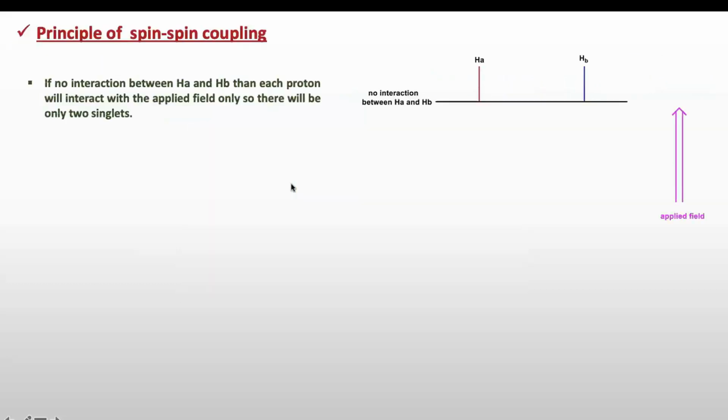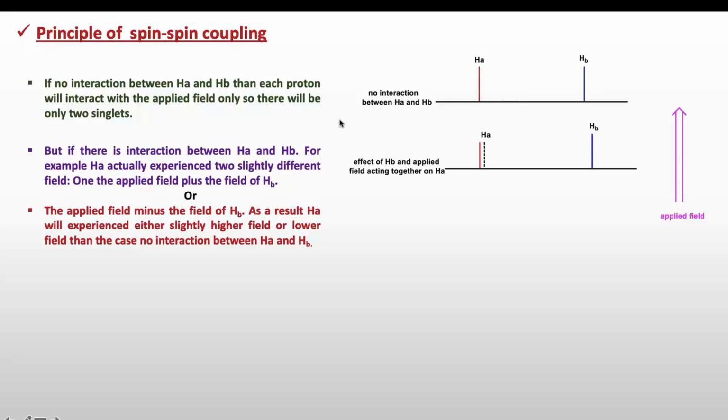Now what is the principle of spin-spin coupling? Let's take the example of two protons, Ha and Hb. In the first case, if there is no interaction between Ha and Hb, then each proton will interact with the applied field only, so there will be only two singlets. But if Ha and Hb interact with each other, in the first case the field of Hb is aligned with the applied field.